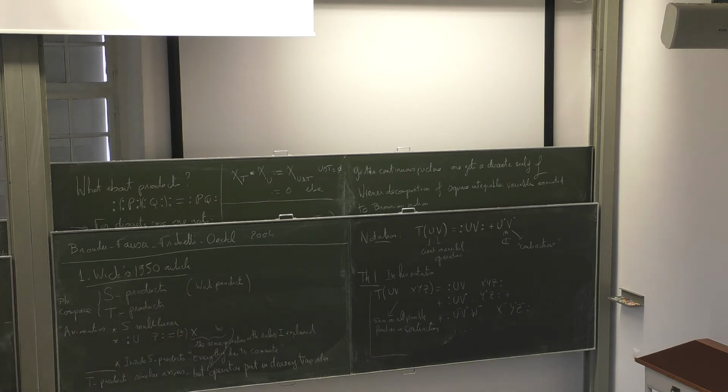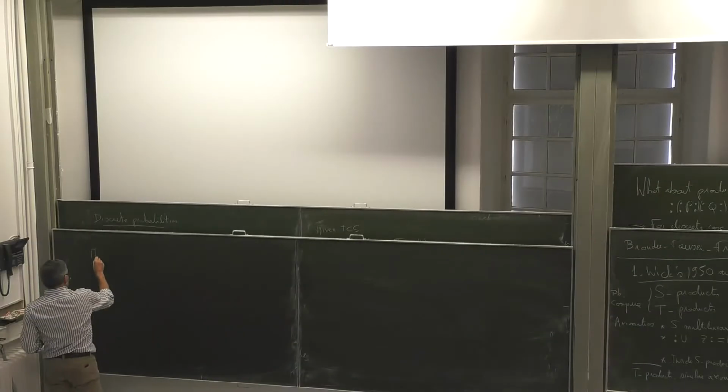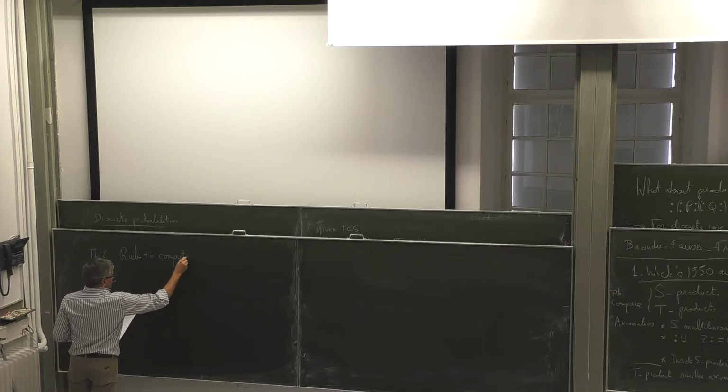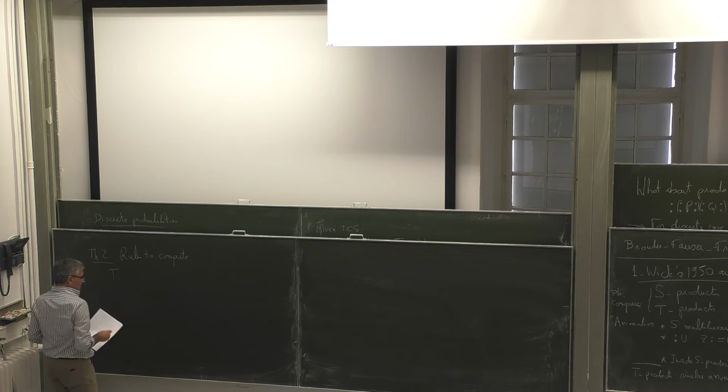The second theorem is not stated as clearly, but theorem 2 is about rules to compute these quantities. This is really a computation you have to do in field theory when you want to compute transition probabilities or scattering numbers.